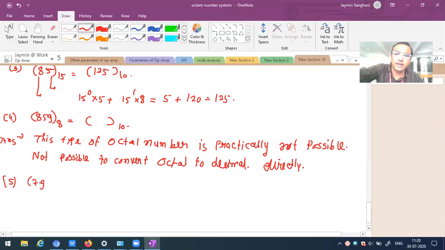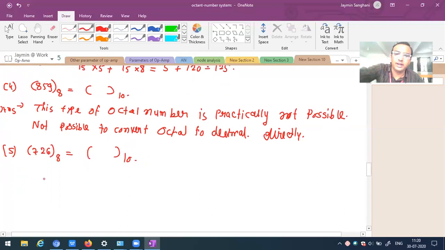7 2 6 octal number that is required to convert into decimal. That's why 8 raised to 0 into 6, 8 raised to 1 into 2, 8 raised to 2 into 7. See this, in this particular way you solve the example.